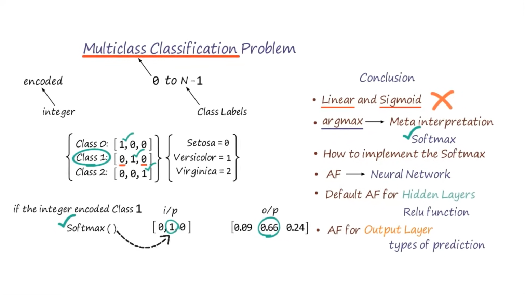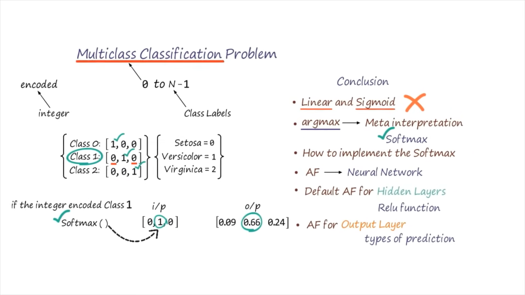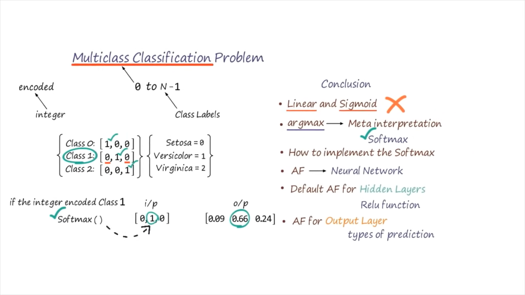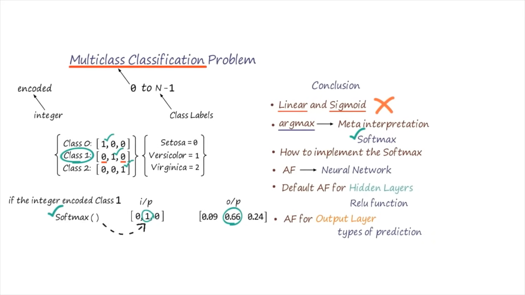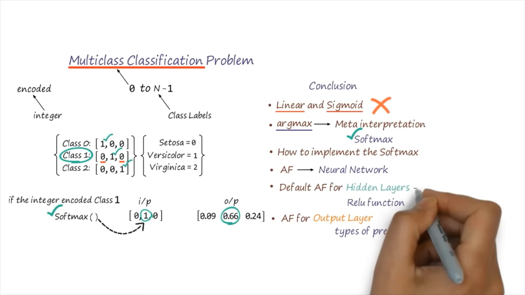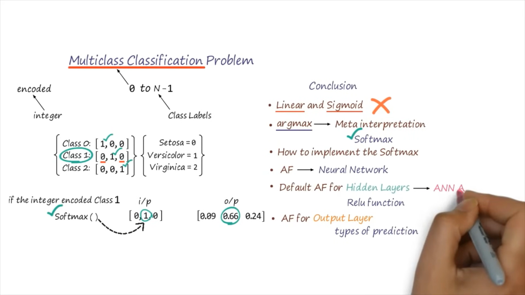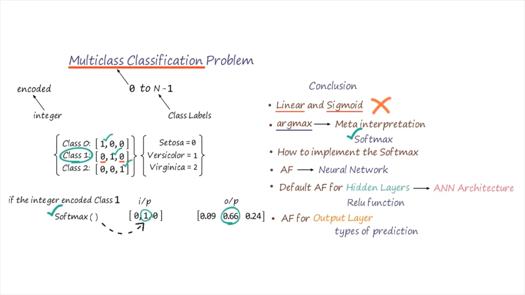So the two conclusions you always have to keep in mind: the activation function in the hidden layer depends on the ANN architecture. However, the activation function applied on the output layer depends on the prediction type. So this is the final conclusion of today's class.